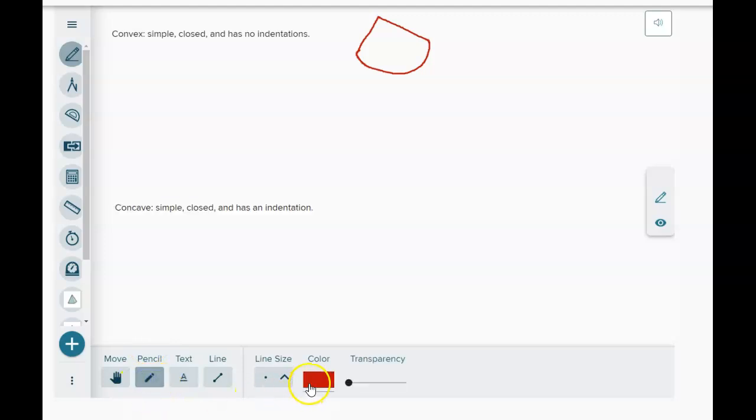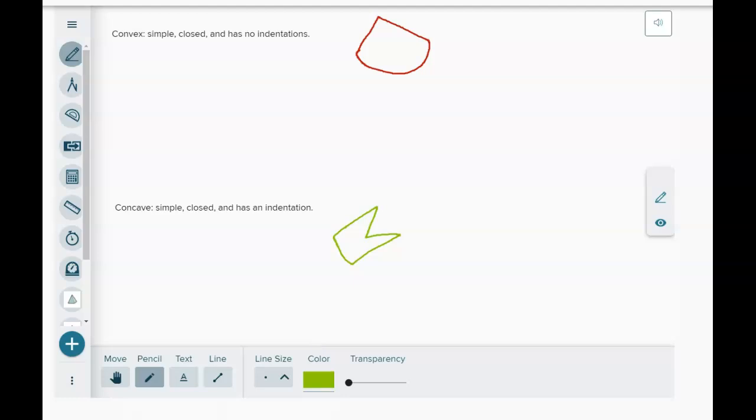So one of the concave type of things would look something like this. It has an area where it goes in. It indents. So that's the difference. Convex never goes inside, whereas a concave is going to go inside of itself.